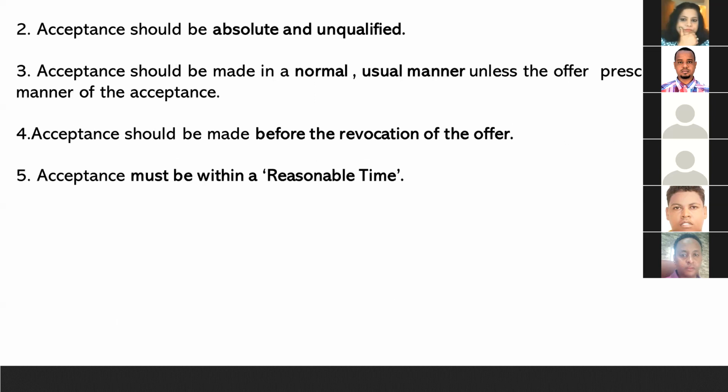Next, acceptance should be absolute and unqualified. Acceptance should be made in a normal, usual manner unless the offer prescribes the manner of acceptance. Now what does this mean? Ali Muhammad has said that he is going to sell his piece of land to me, and I need to accept the offer.